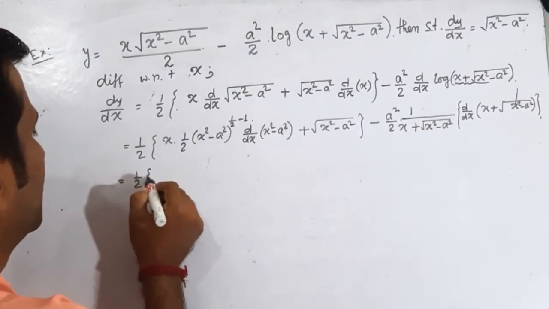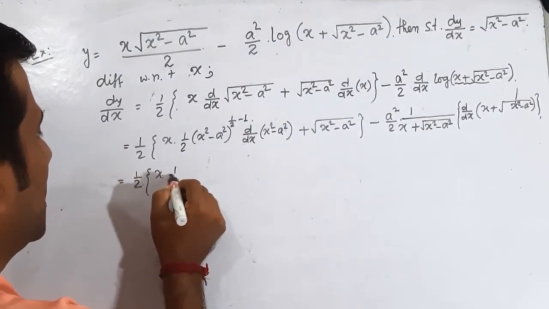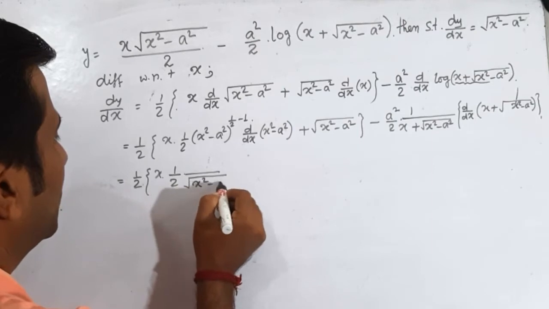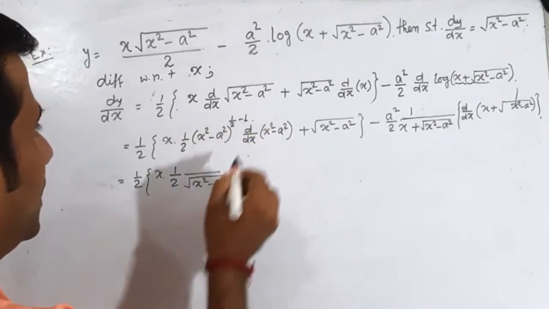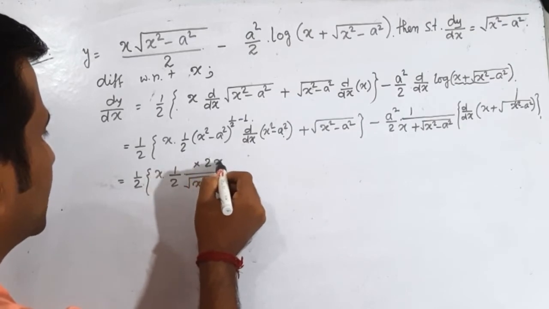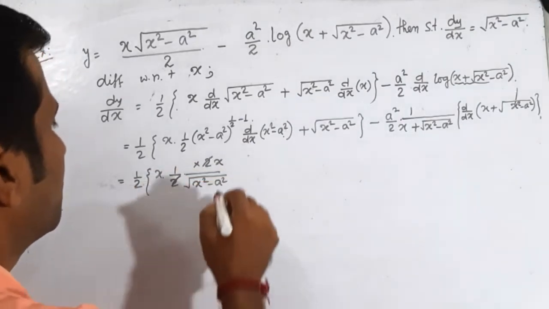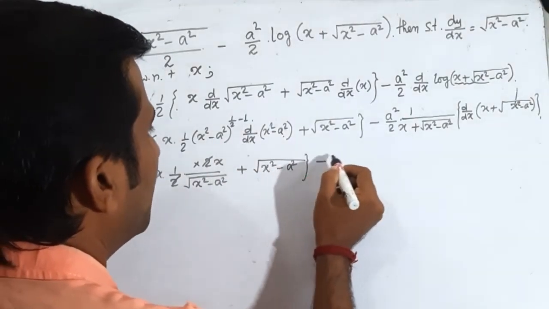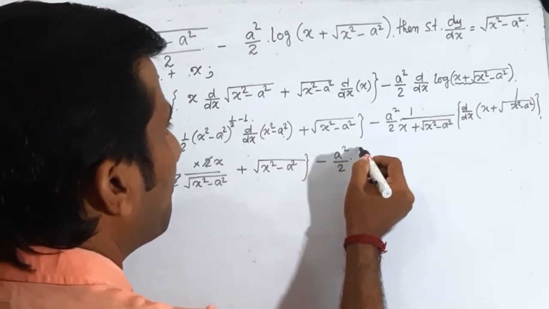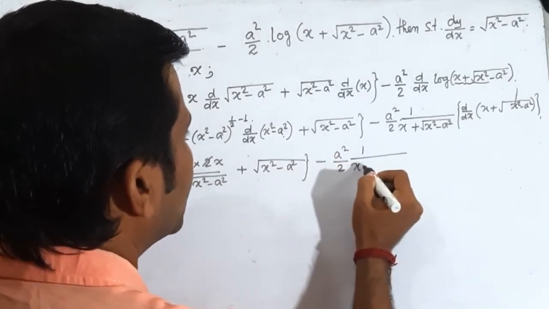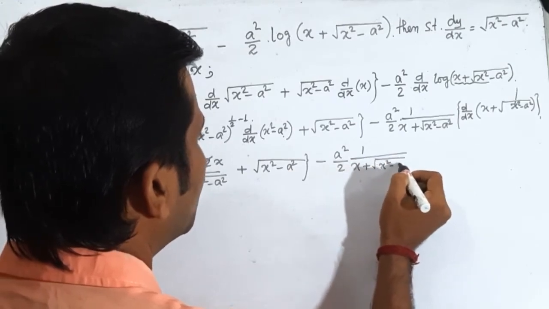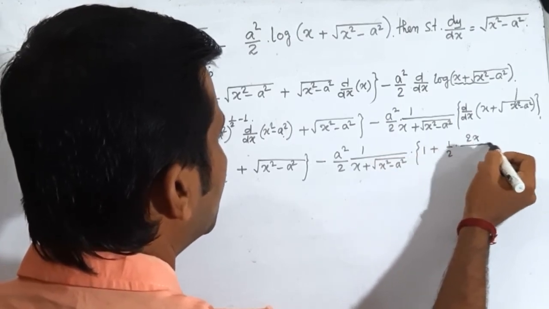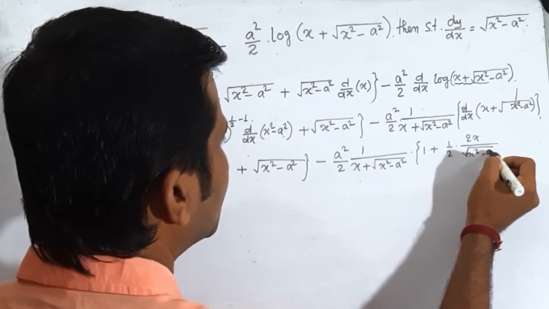This is equal to half x into half into 1 by root(x² - a²), because this is minus half, and differentiating this we get 2x, cancelling 2, plus root(x² - a²), minus (a²/2) into 1 by (x + root(x² - a²)) into (1 + half 2x by root(x² - a²)).